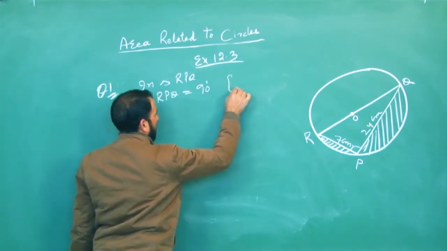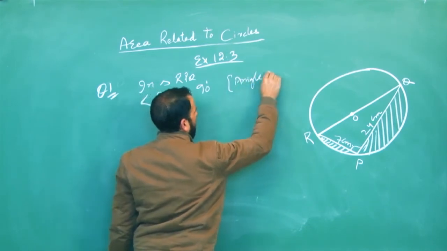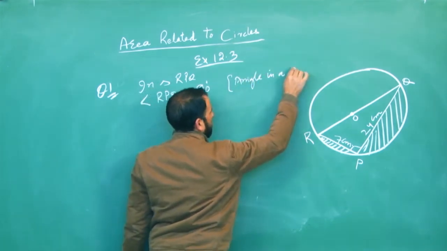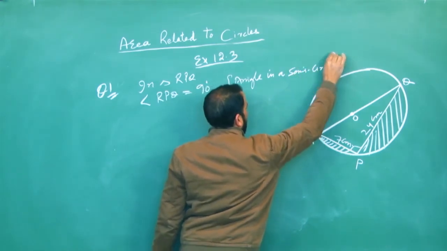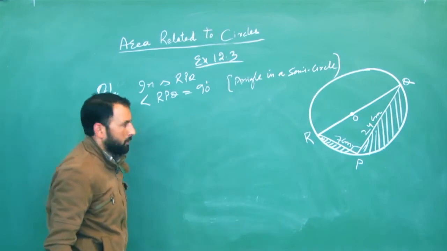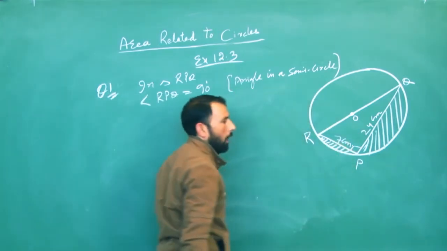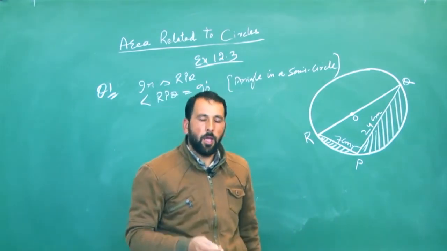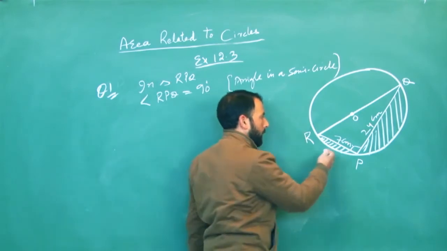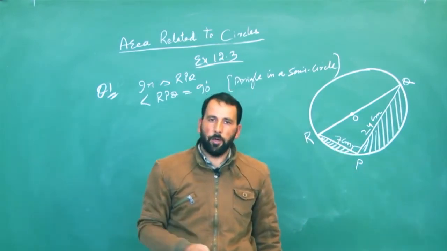Reason: angle in a semicircle. So this RPQ is a right angle triangle. When two sides of a right angle triangle are given, we use the Pythagoras theorem to find out the other side of the triangle.